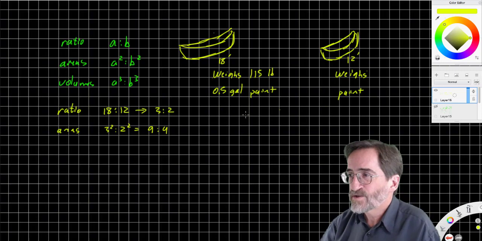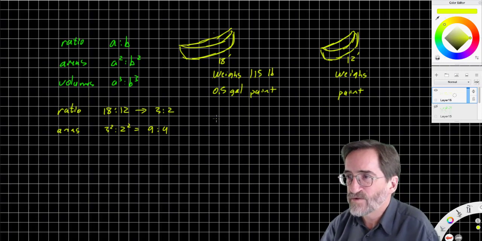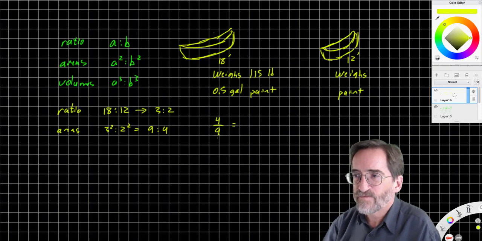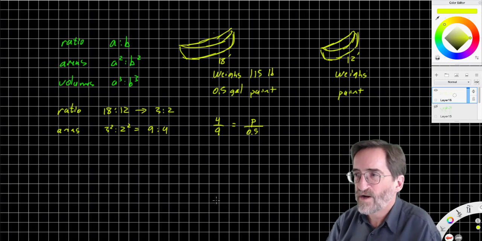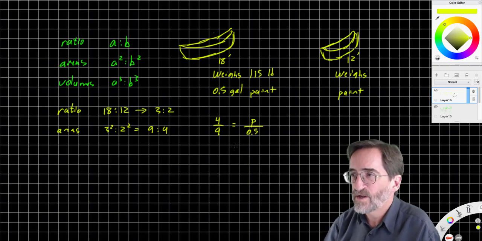To answer the question about paint, I would do 4 is to 9, small is to big, as small, and we'll call this P for paint, is to large, half a gallon, 0.5. And I would solve this proportion.